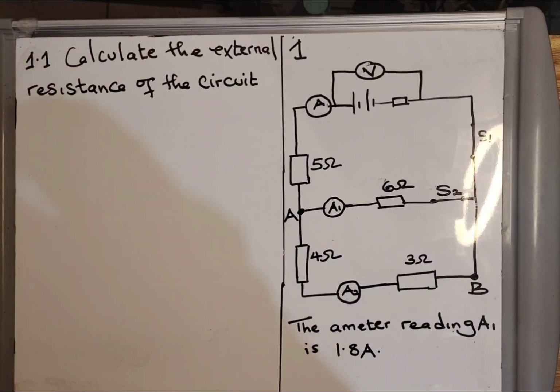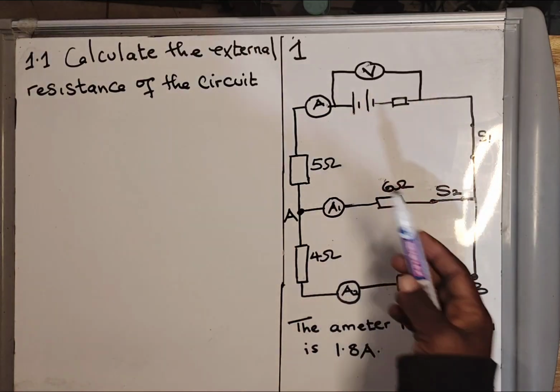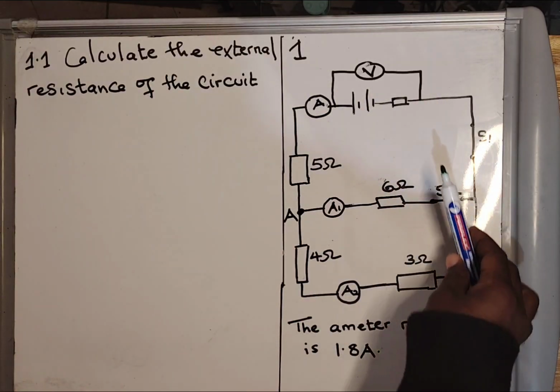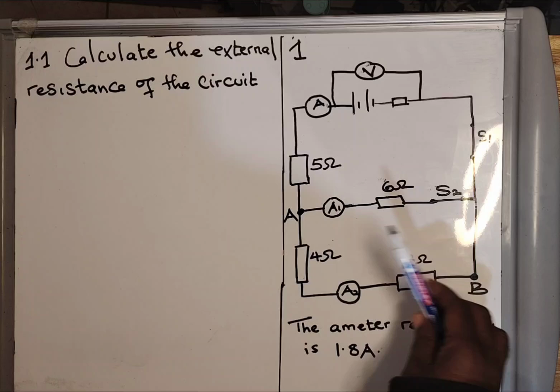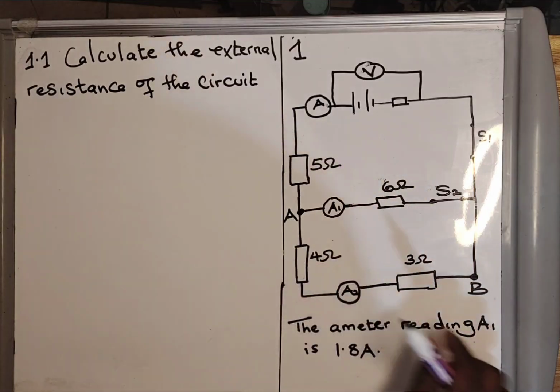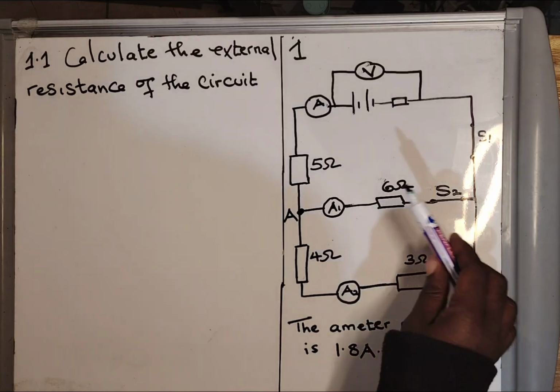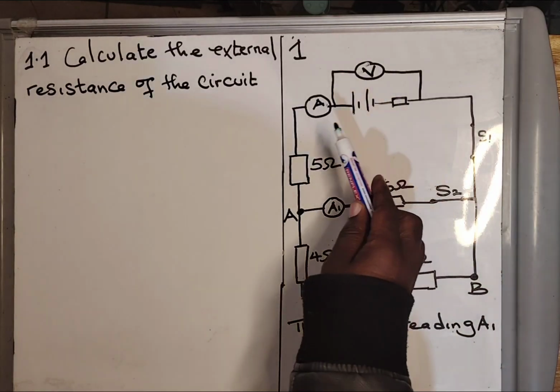There comes our question number 1.1. We are supposed to calculate the external resistance of this circuit. So let's go back to work. When you look at this circuit, what do we notice? We notice that there are two clusters of resistors, and this is the easiest way of dealing with this.